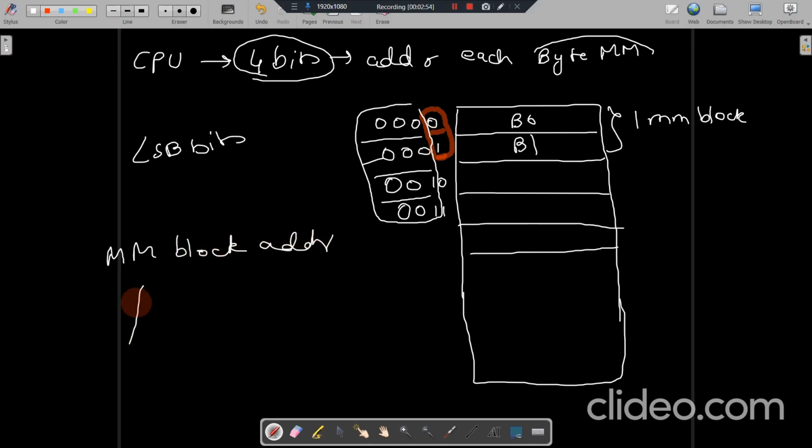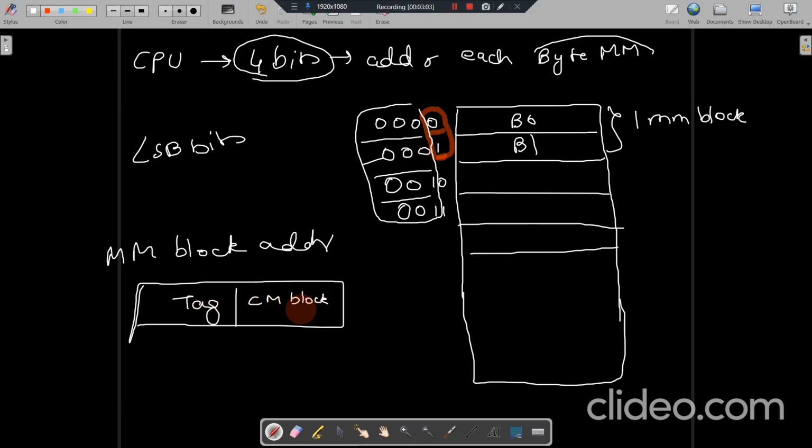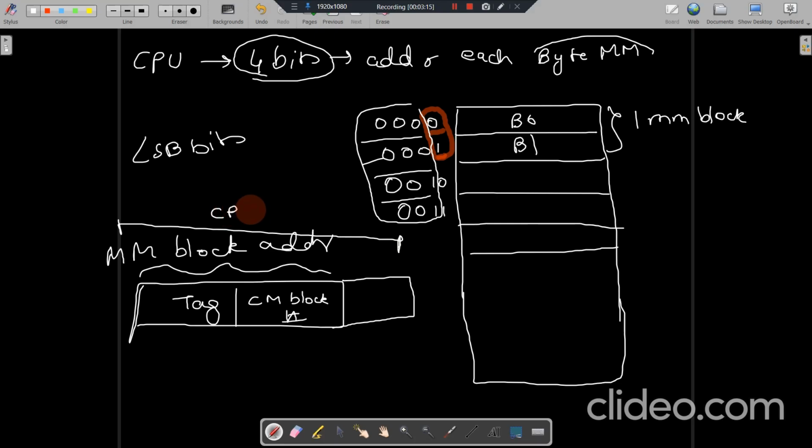This main memory block address is divided into 2 parts: the tag and the cache memory block number, right? And this part is your main memory block address, and the whole address is your CPU generated address. Here you need to add your byte offset.